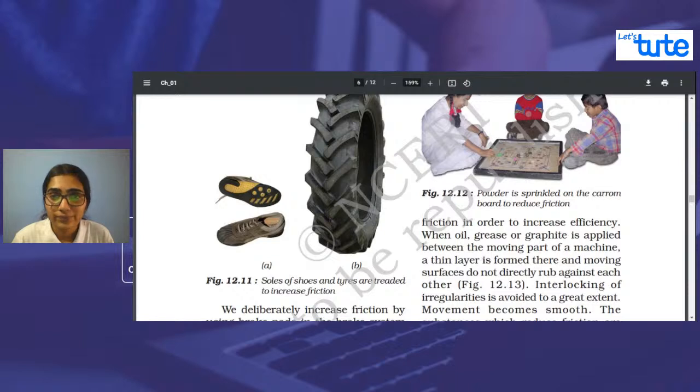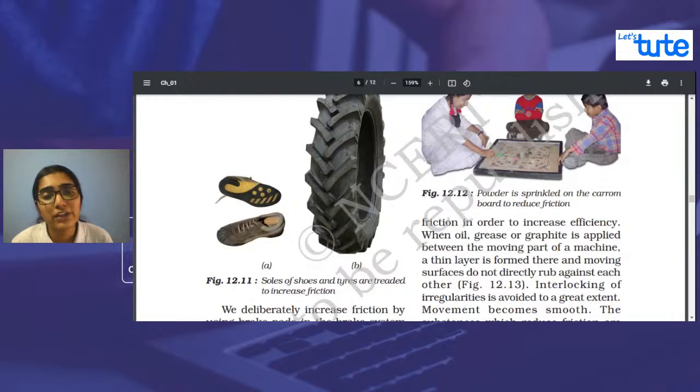Now, if you take a tire, the tire doesn't slide, the tire rolls. So the friction where objects roll, they get some amount of friction. That is called rolling friction. So when objects roll, there is some amount of friction in it, called rolling friction.